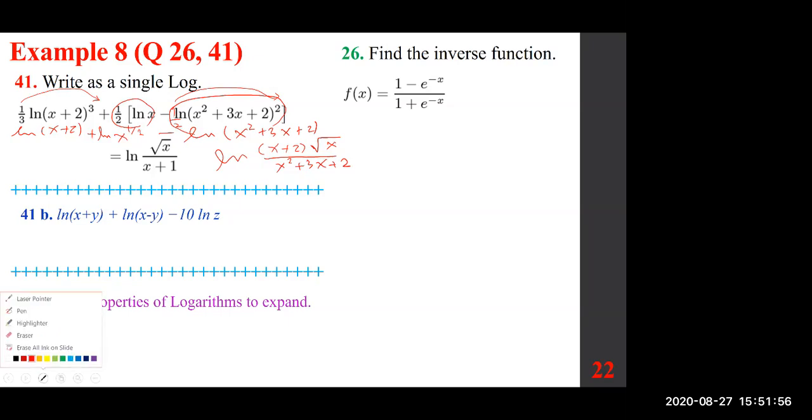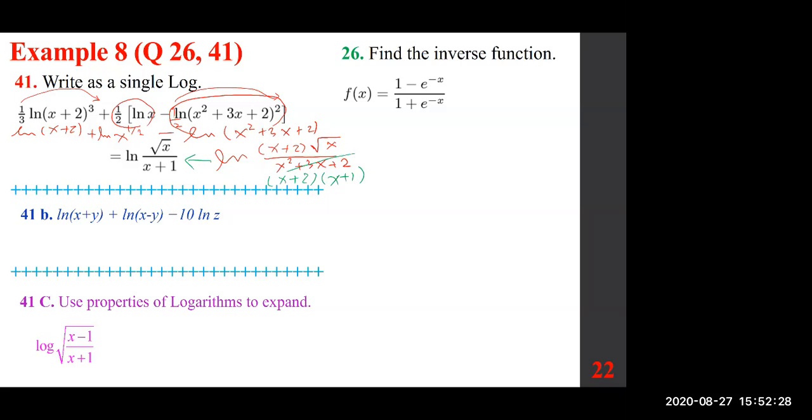Let's use this. All you have to do, replace this with its factored format, which is x plus 2, x plus 1. So x plus 2 and x plus 2 cancel each other. You get square root of x left at top, x plus 1 at the bottom. I hope it's clear to everybody. It's pretty straightforward, I hope. All right.